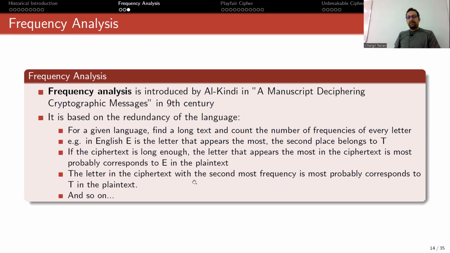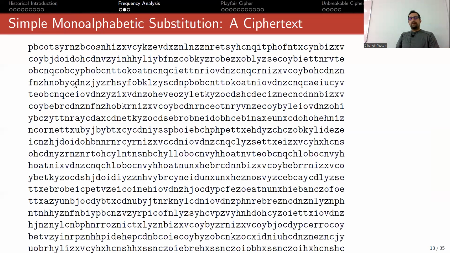The letter in the ciphertext with the second highest frequency most probably corresponds to T in the plain text, and so on. So this way, you go back to the ciphertext, count the number of letters, and find the most appearing letter, okay? If it was written in English, then that letter most probably corresponds to E. So you replace one by one and see if it makes sense in that language. You have to do some manual inspection at the end for this attack to work.